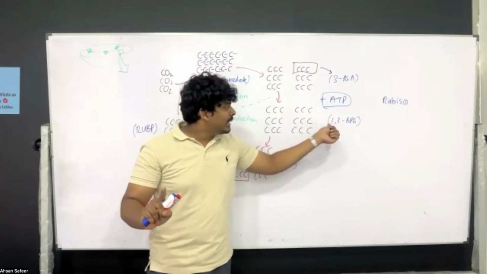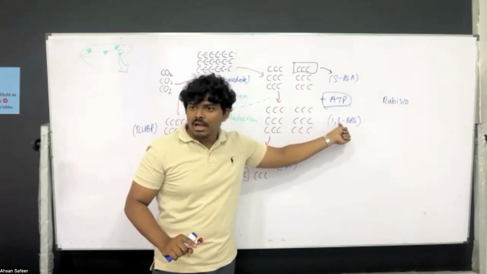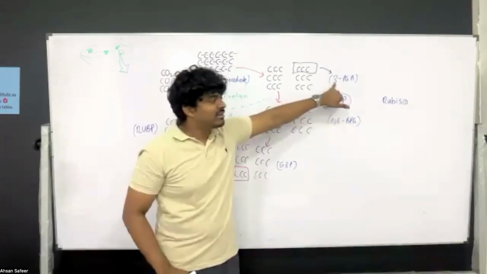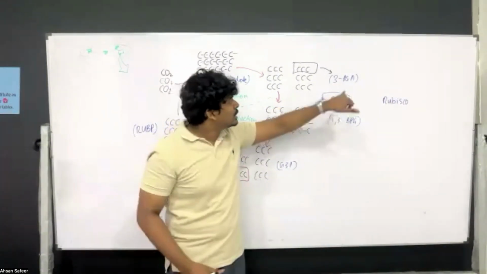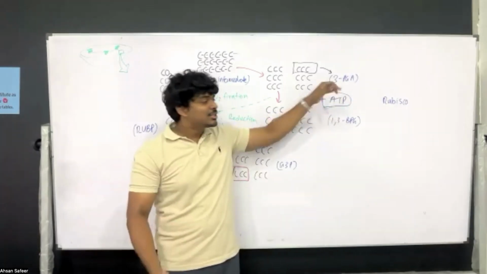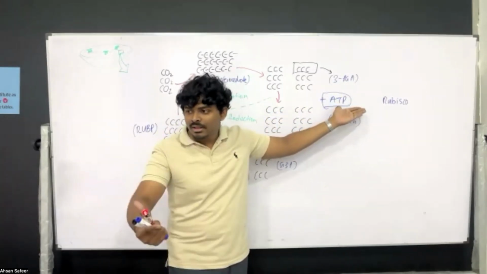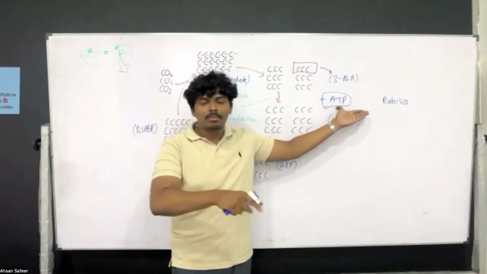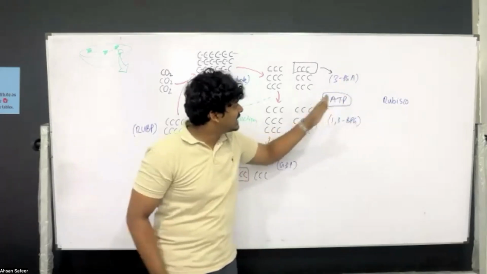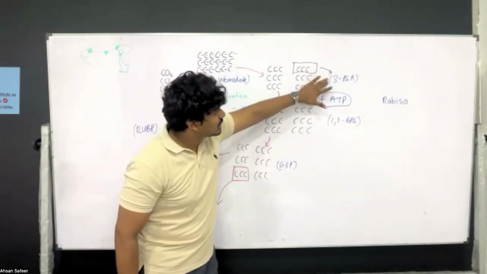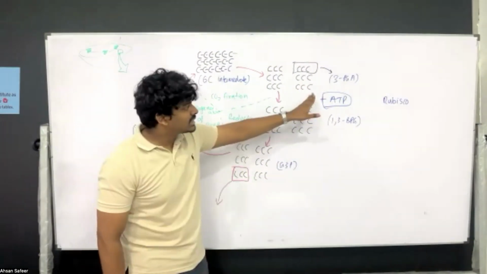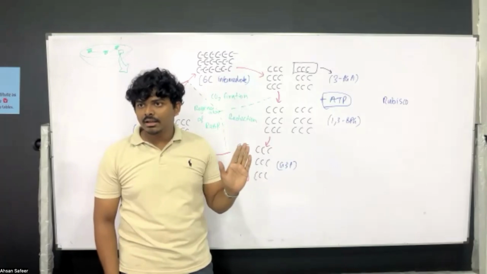One phosphate group will be in carbon number 1, the other phosphate group will be in carbon number 3. So the number of phosphates is increasing, right? So ATP can remove its phosphate. You know that ATP can become ADP plus inorganic phosphate. So that phosphate is given. So it is very easy to remember that 3-phosphoglycerate becomes 1,3-bisphosphoglycerate by the addition of ATP. This process requires ATP. Is that clear?